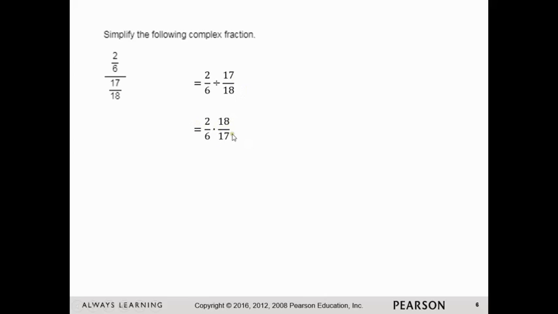But we can simplify this further here. First off, we notice 6 will go into 18 3 times. So we'll simplify that out. So the 6 becomes 1 here, and the 18 becomes 3. So now I just multiply across here. So 2 times 3 is 6. 1 times 17 is 17. So that was our first simplification of a complex fraction.